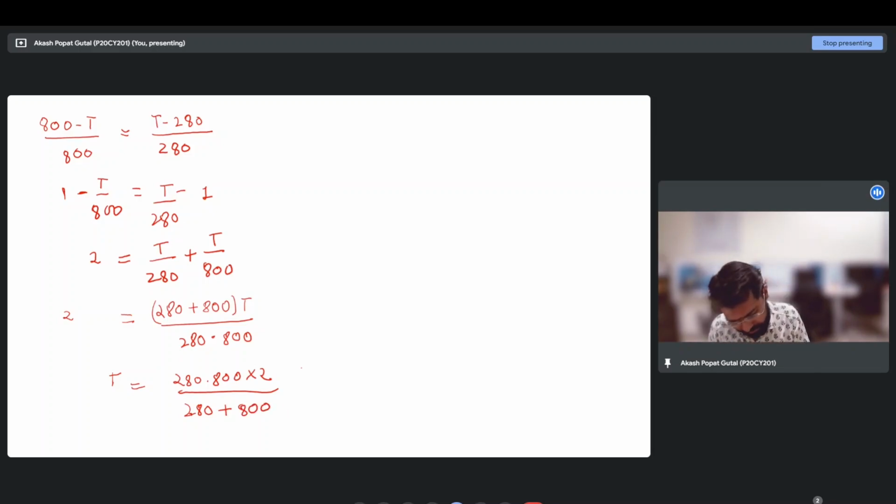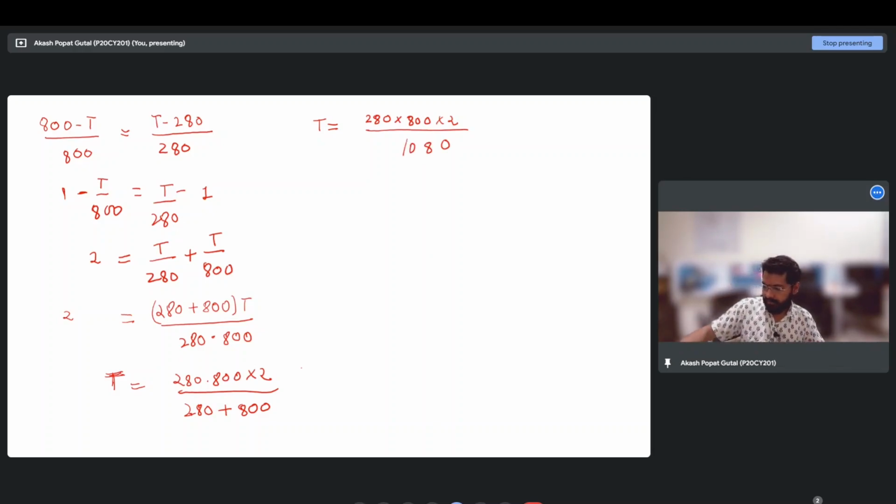Please calculate the T temperature of the bath to which these two systems are rejecting the heat. 280 into 800 into 2 divided by 280 plus 800. So 280 plus 800 is nothing but 1080.